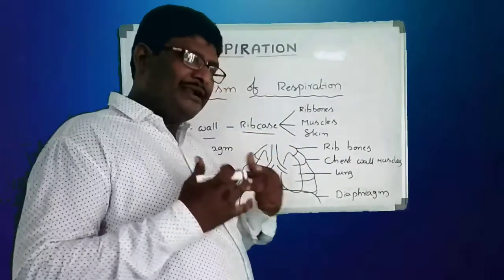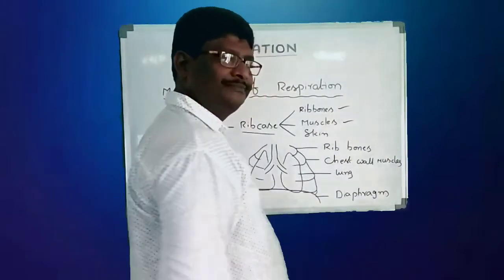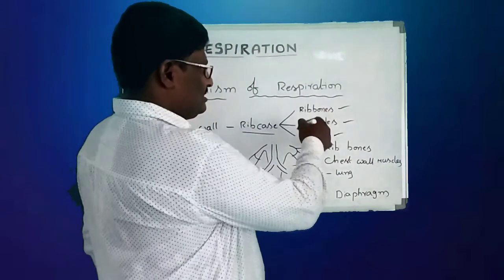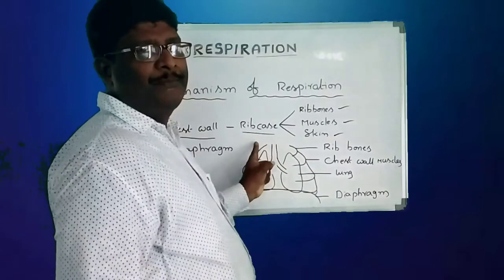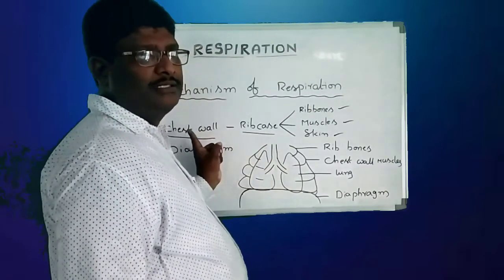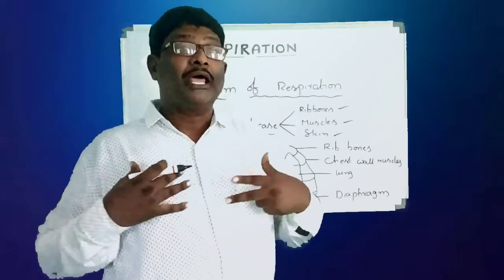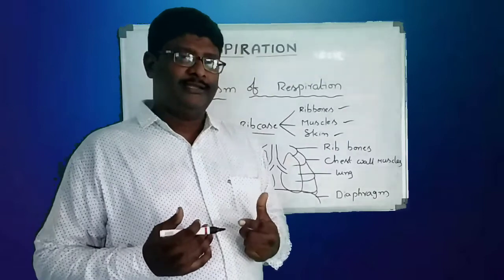The rib cage is made up of rib bones, muscles and skin. So these three together are called the rib cage. The chest wall is made up of rib bones, muscle and skin.